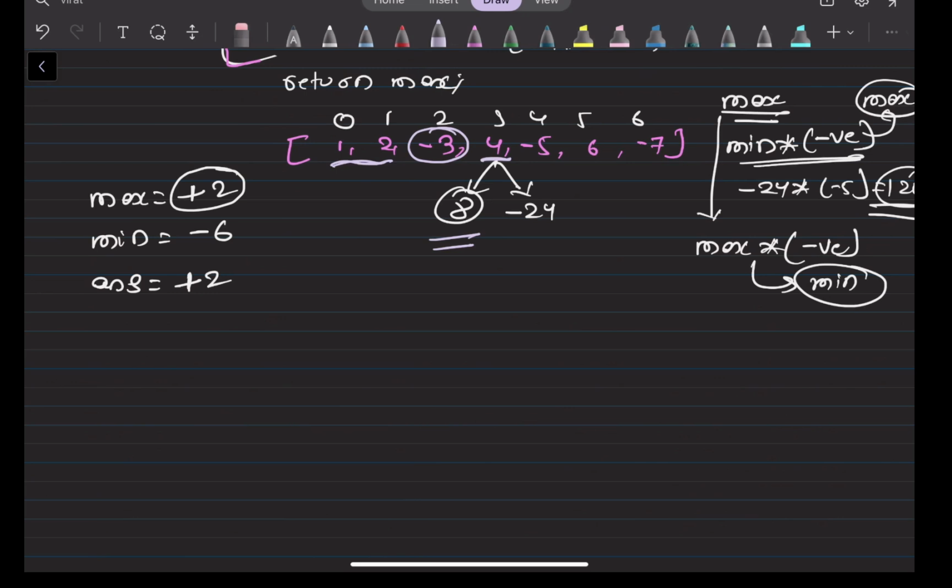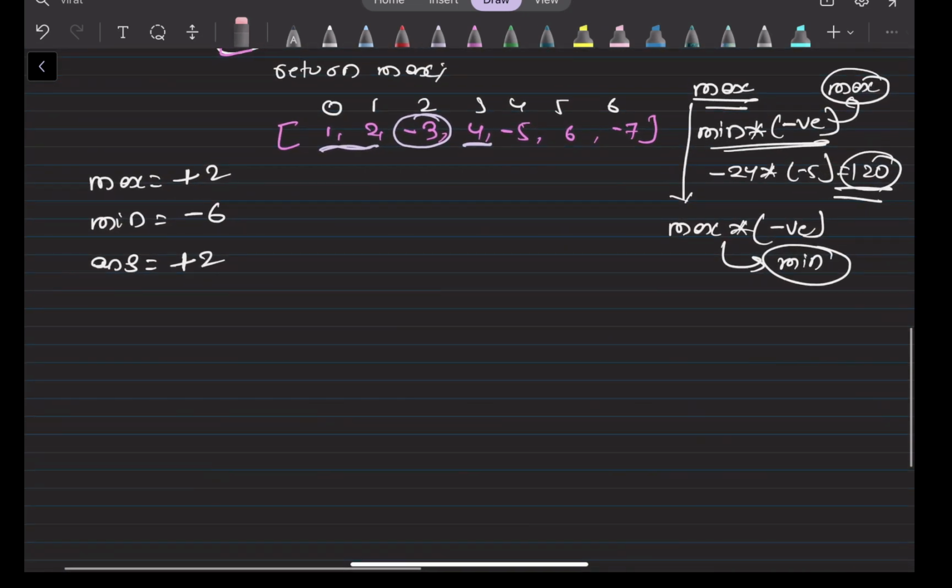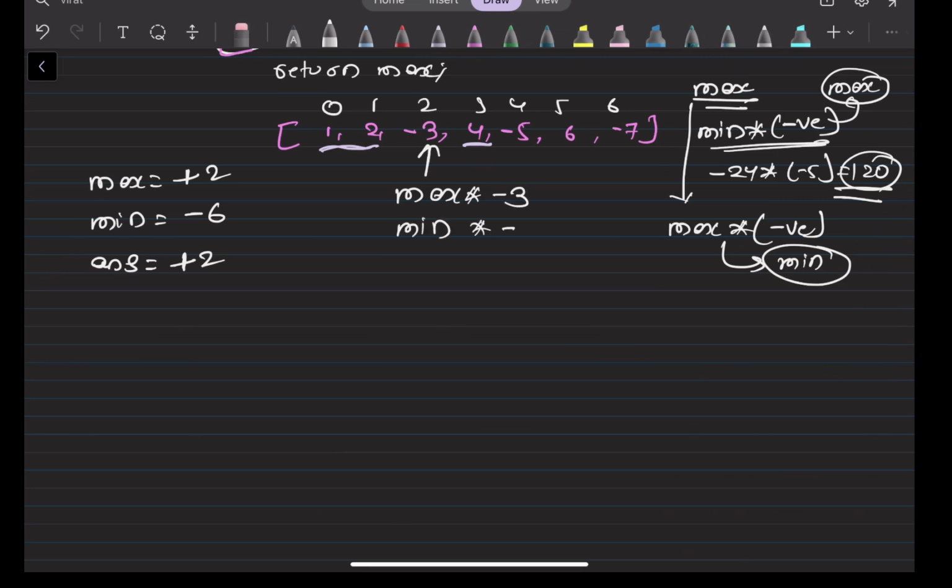So how can we solve this problem using this max approach and min approach? Can I say that every time we iterate, whenever I get a negative number, when we multiply into max by a negative number and in min by a negative number, this max will become min and this min will become max, right?